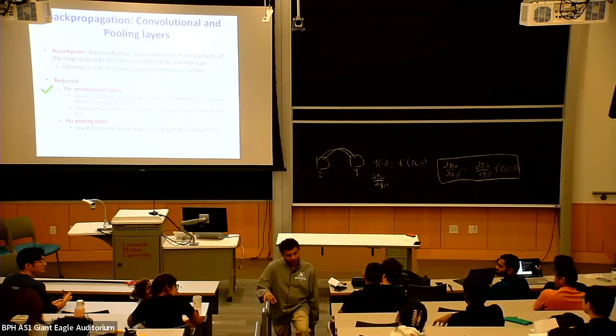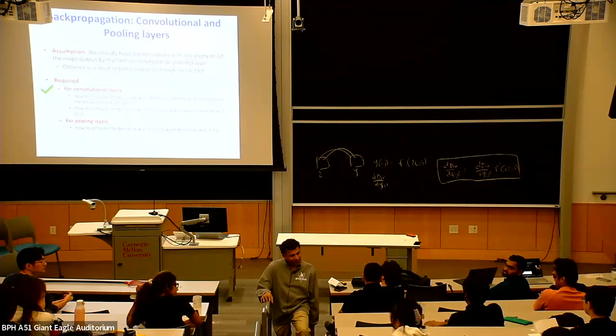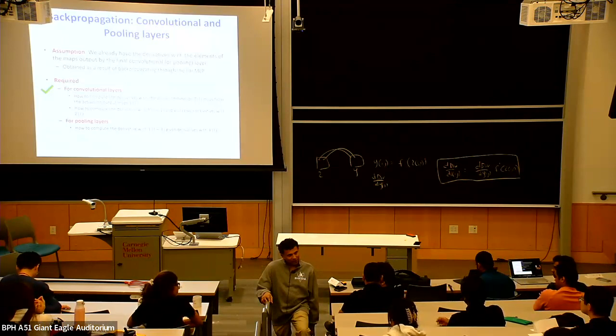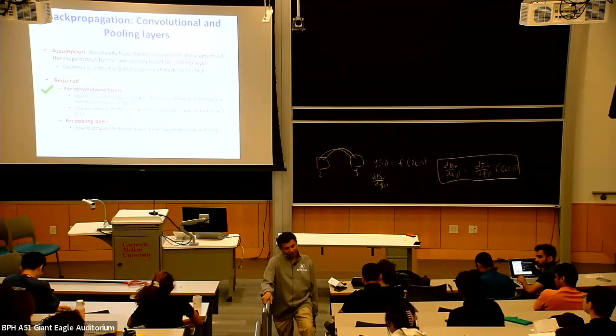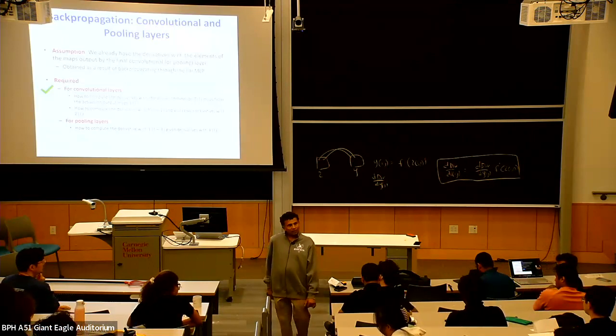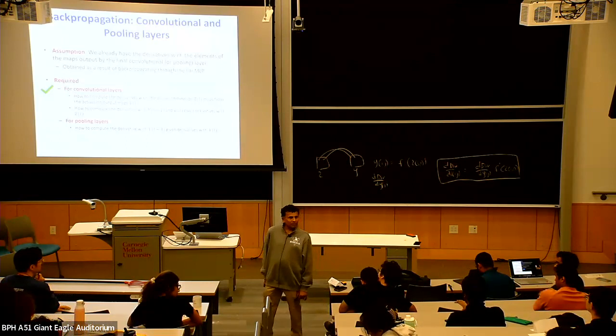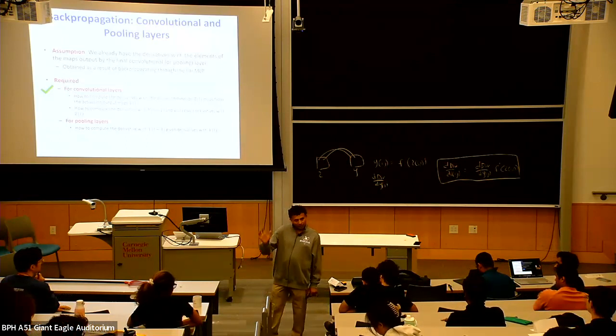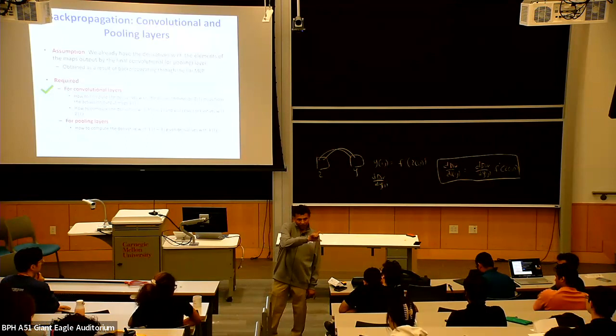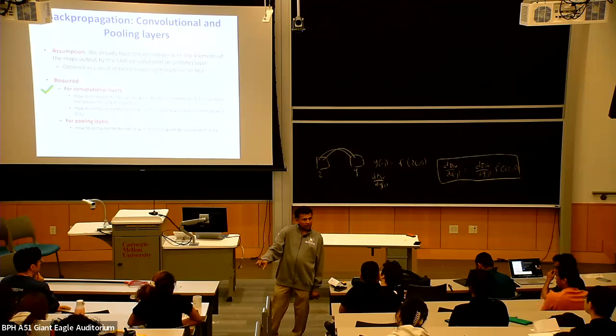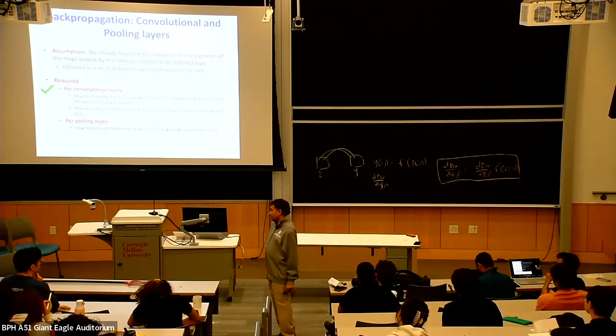You took the filters and flipped them, and then convolved. So for calculating the derivative with respect to the weights, we don't need to flip, but for the inputs, you're going to be picking the corresponding channels of the filters, then flipping them and convolving. Okay.